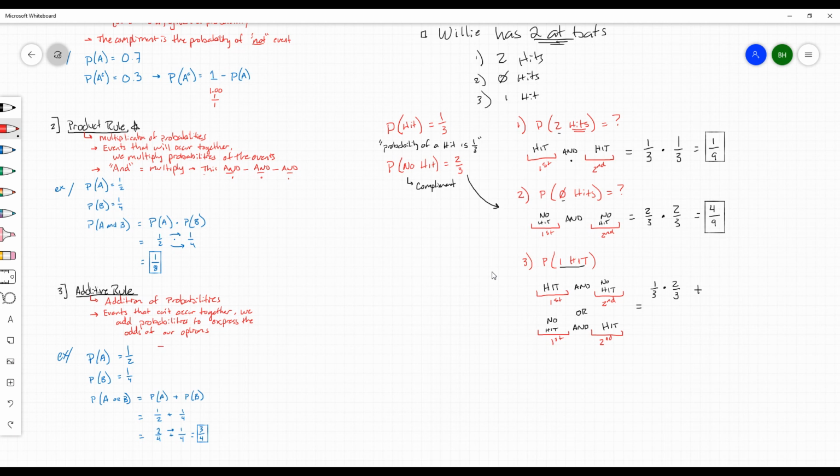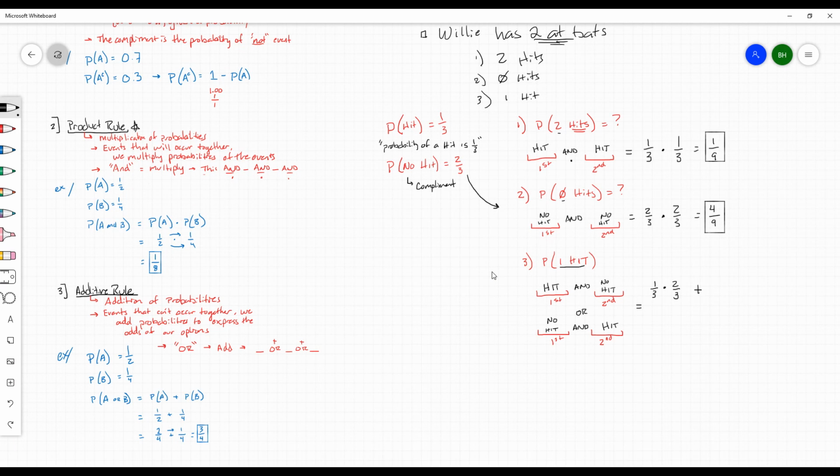If we're doing the additive rule, the key phrase here is or, because or dictates the addition of the different events, the options that we're going to be having, right? So if we look at this, we're going to have this or this or this. Every time we hear the word or, we're going to be adding our probabilities.